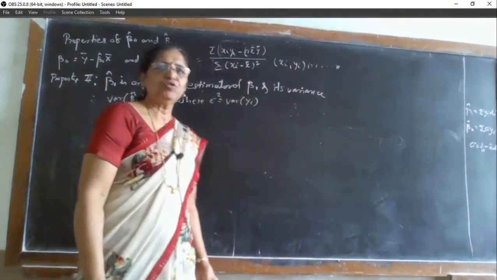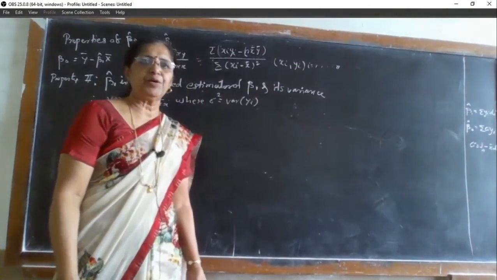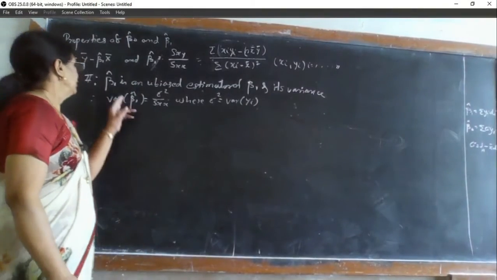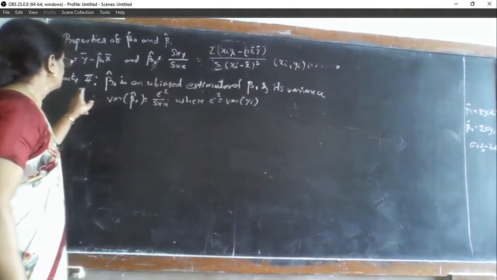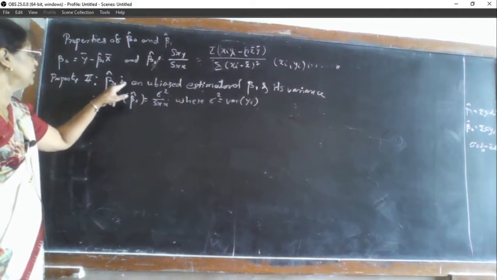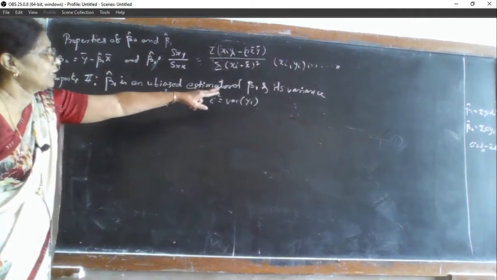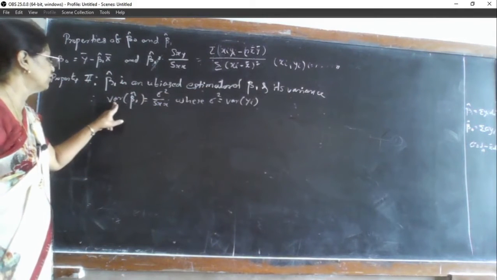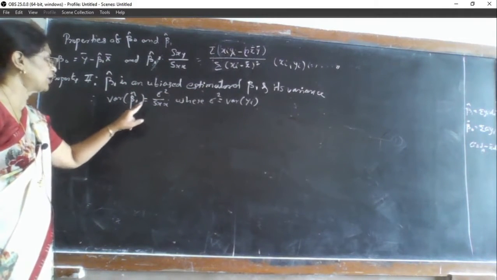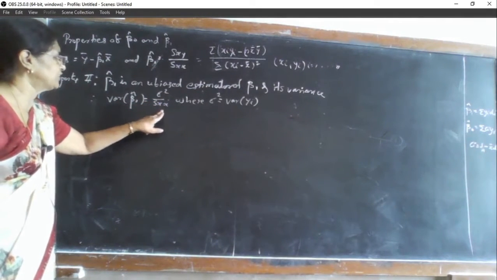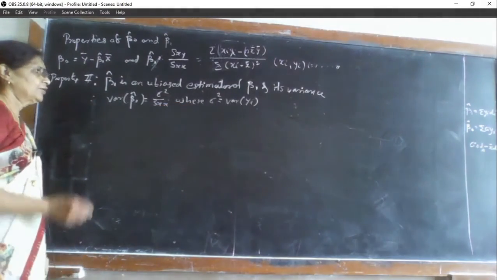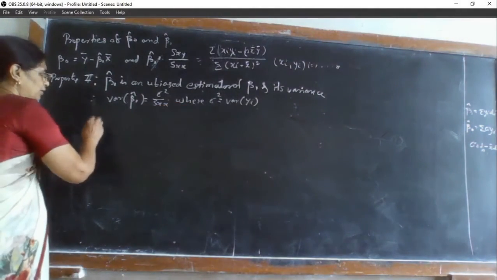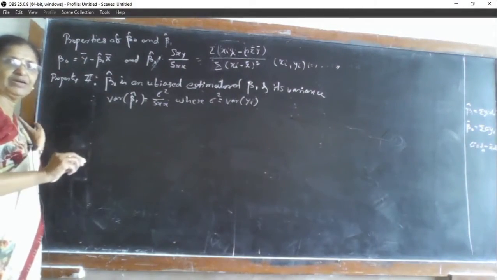Friends, now we will discuss the second property of regression coefficients beta naught and beta 1. The property is that beta 1 cap is an unbiased estimator of beta 1 and its variance is given by variance of beta 1 cap equal to sigma square upon Sxx, where sigma square is the variance of yi. Now here, what do you mean by unbiased estimate?